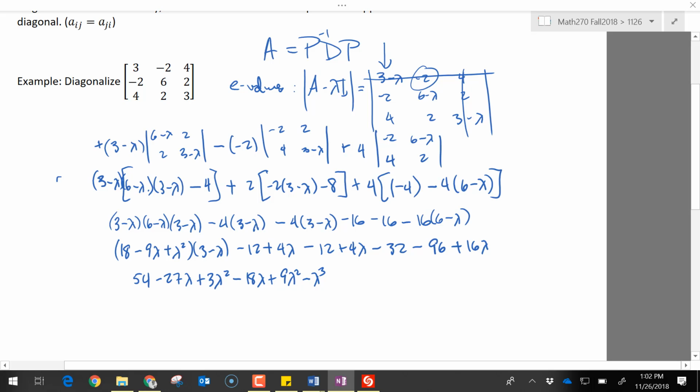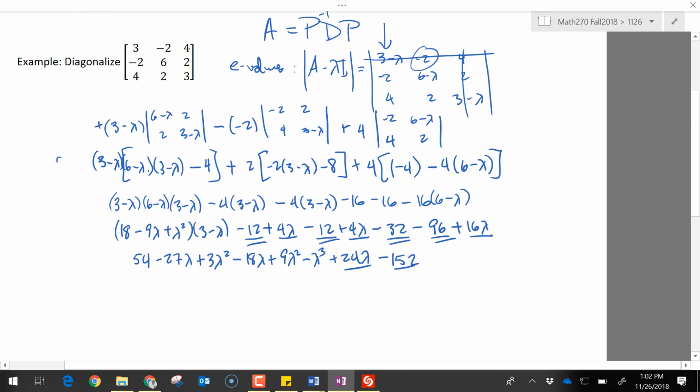So let's simplify that and collect everything. The lambda cubed term is minus lambda cubed.